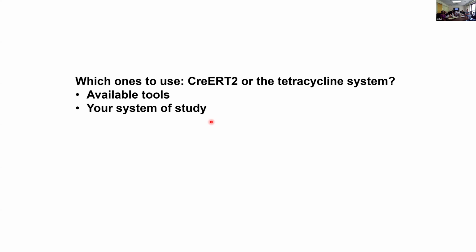You may be looking at something of a synergy, and the control wouldn't allow you to control for that kind of defect. So one has to consider the availability and also your specific scientific question, whether it will be influenced by the drug, the inducers.